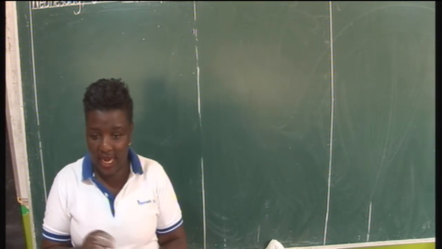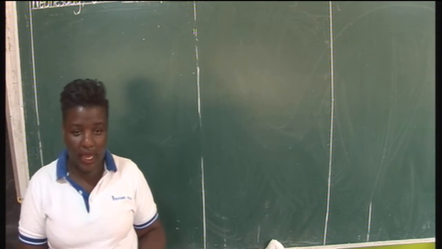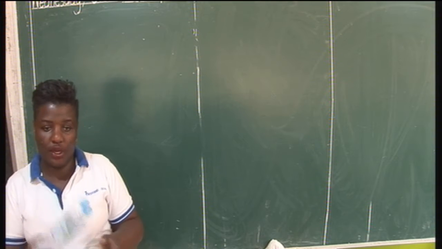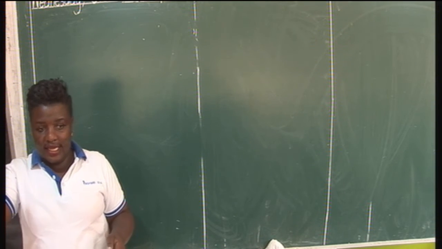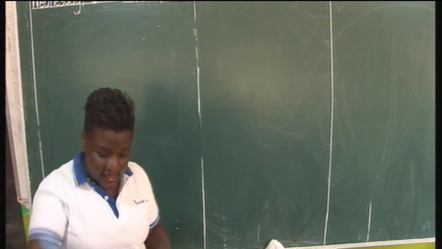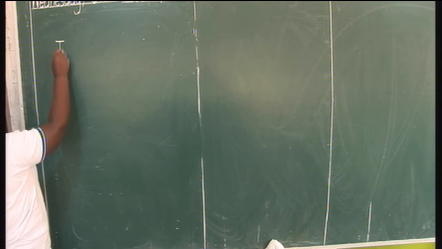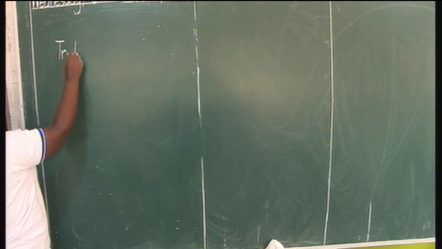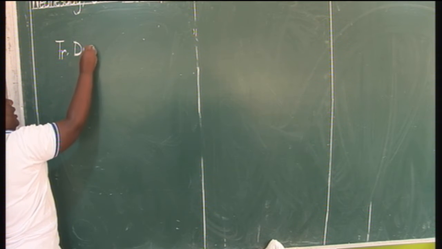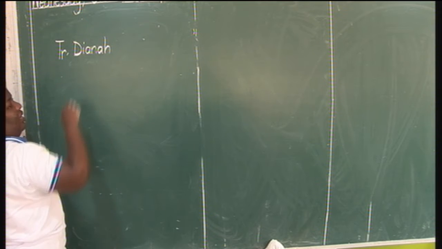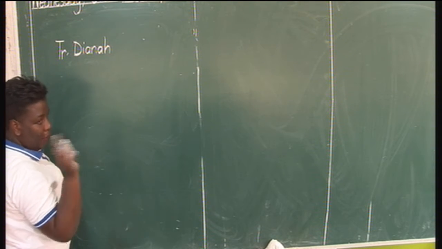We use an apostrophe sign when showing ownership. Whose bottle is this? That is Teacher Diana's. Then you write Teacher, let me use the short form, Teacher Diana's. You put your comma up, the apostrophe sign.